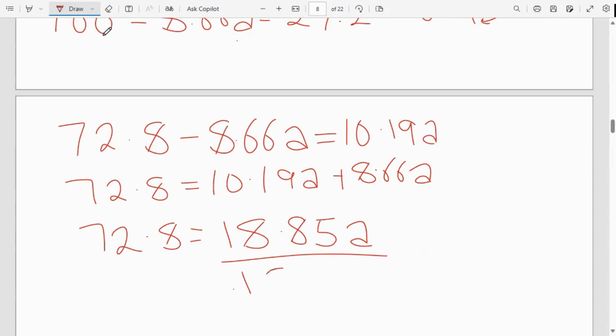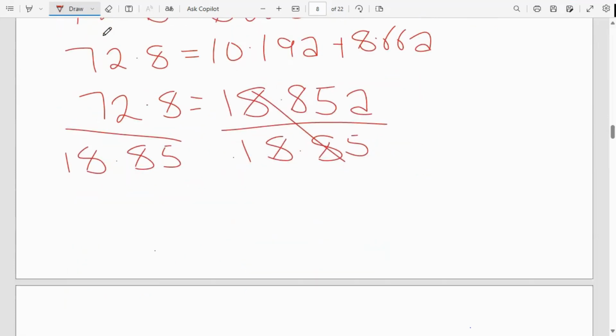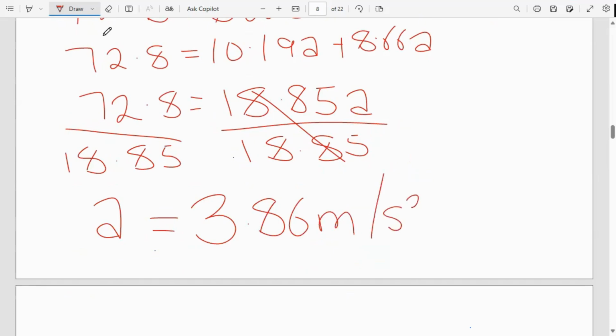I divide both sides by 18.85. It is going to give me the acceleration, which is equal to 72.8 divided by 18.85. It is giving me an acceleration of 3.86 meters per second squared.